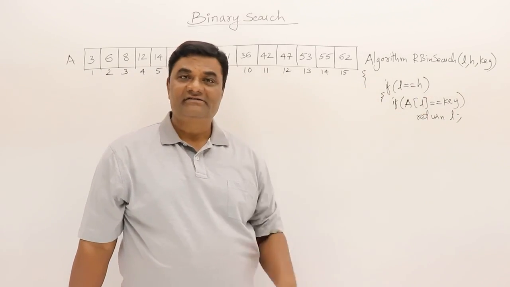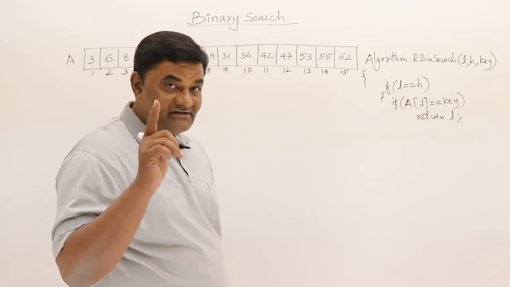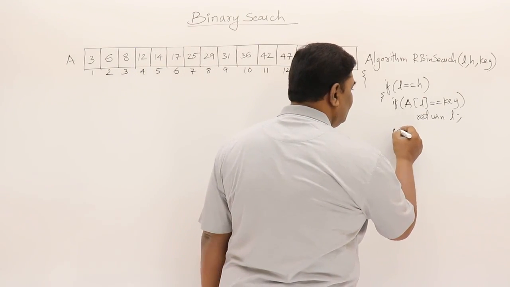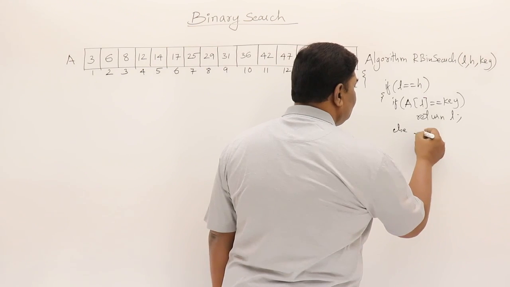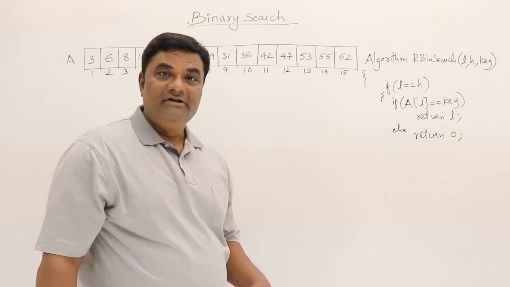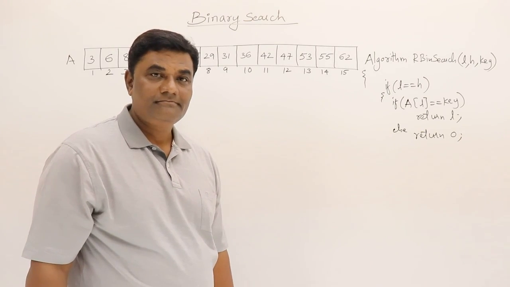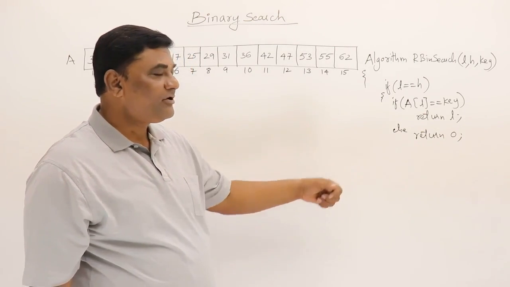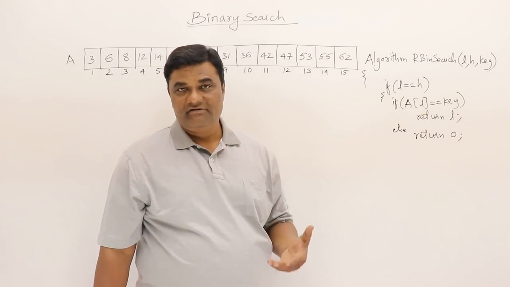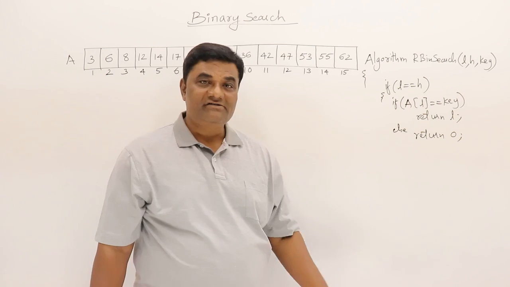Return that index L. If there is a single element and it is not the key, return index 0, which means the key element is not found. That's it. This is a small problem. If there is a single element, check if it is the key, take it, otherwise return 0.